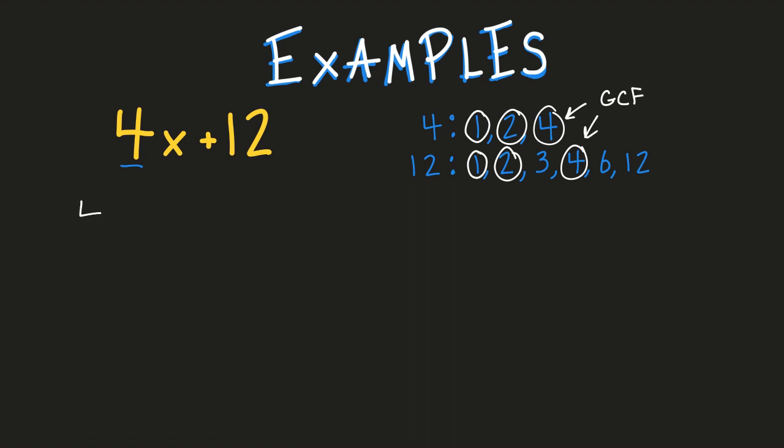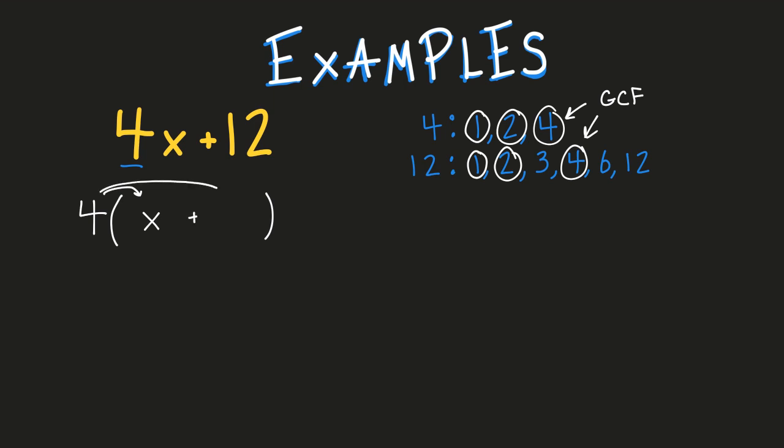So let's take that out over here. We're going to take that greatest common factor and put it outside of the parentheses. Let's think about what would have had to have happened if the 4 was distributed in. Well, before, just an x would have been here, just one x, because 4 times x would have given us that 4x. And what about our constant term?